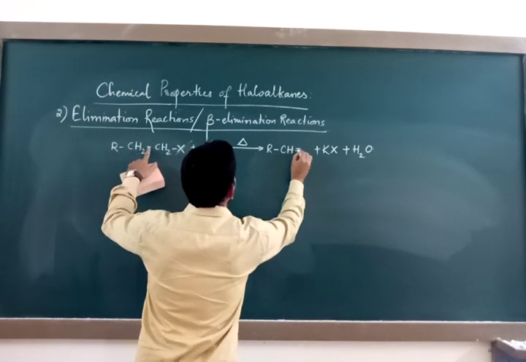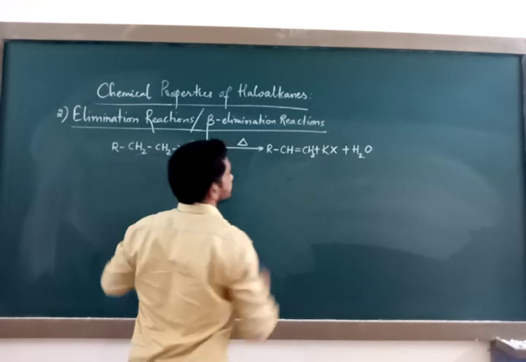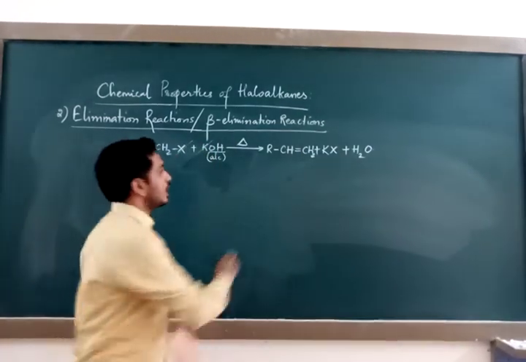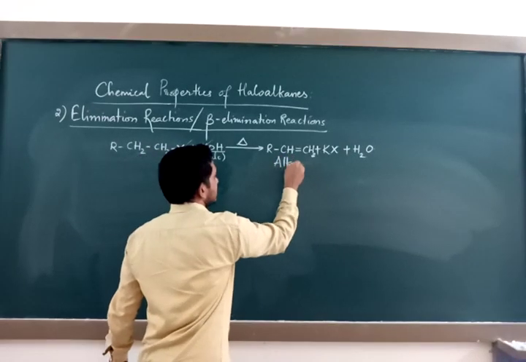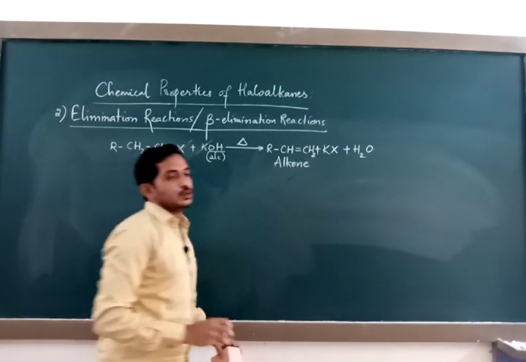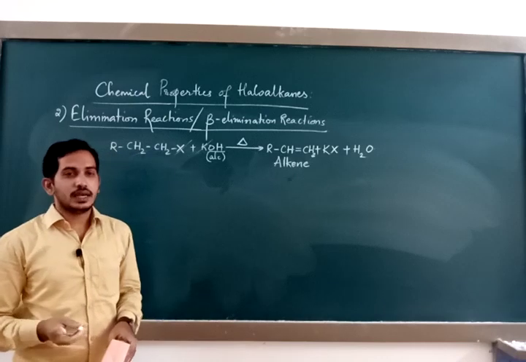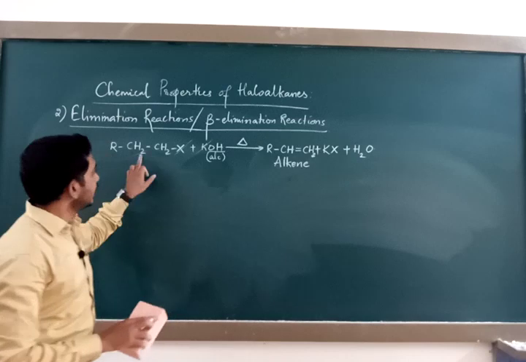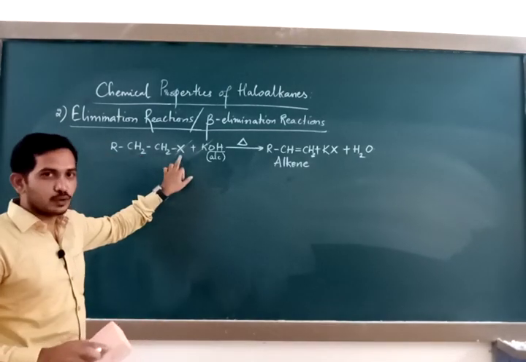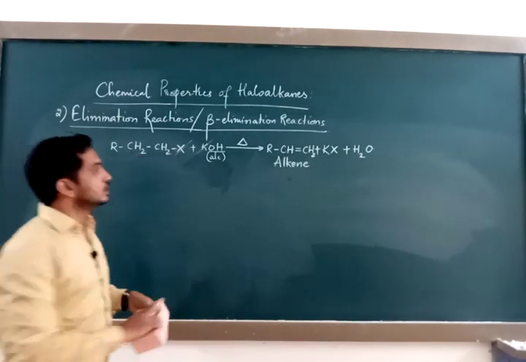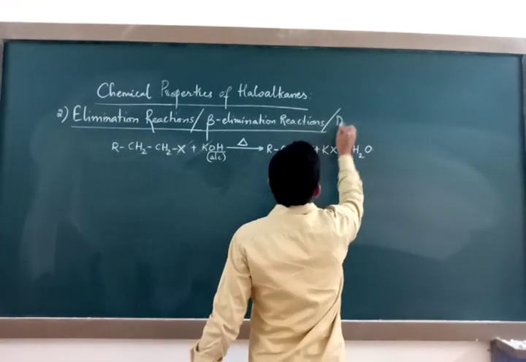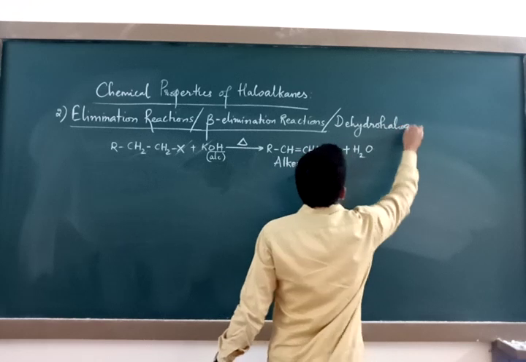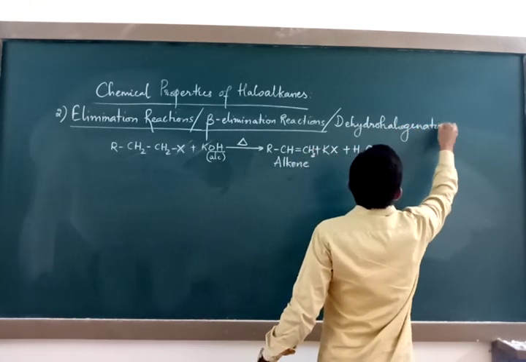This bond will become double bond CH2. What is this product? It is an alkene. So the main product formed in elimination reaction is an alkene. Because you are removing hydrogen as well as halogen, both are removed, this reaction is also called dehydrohalogenation.